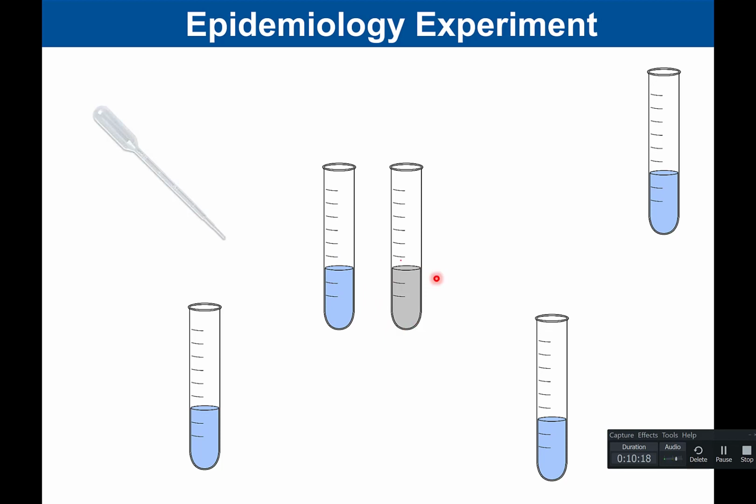And one person in the class is going to have the solution that simulates the disease. So in our experiment, and this will come into play in a minute, the uninfected solution is water, and the infected solution is NaOH, sodium hydroxide.